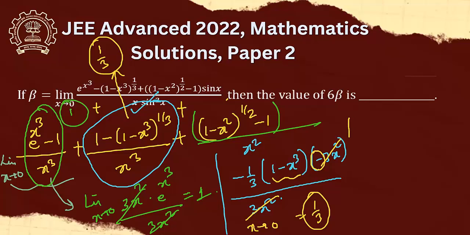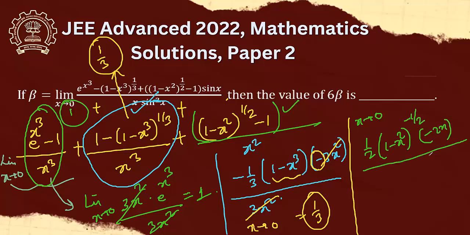So this one here again is 0 upon 0 form for x tending to 0, 1 minus 1 is 0 upon 0, right? So again I'll use the same L'Hospital's rule. So that is going to be half times 1 minus x square to the power minus 1 by 2 into minus 2x here, upon 2x in the denominator.